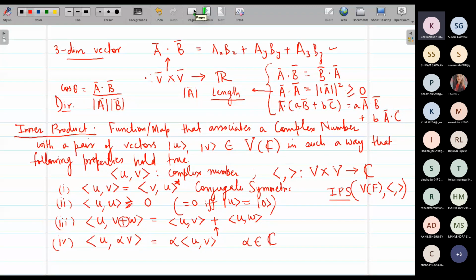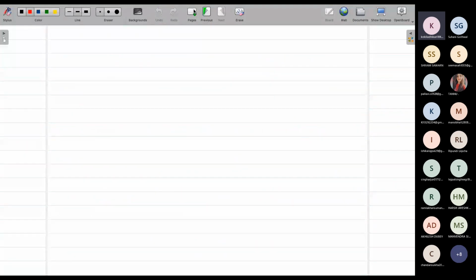Now, why have I defined the first one, u comma v is equal to v comma u star, and not v comma u? Let's just think about it. If I have u comma u, what will the first property mean?